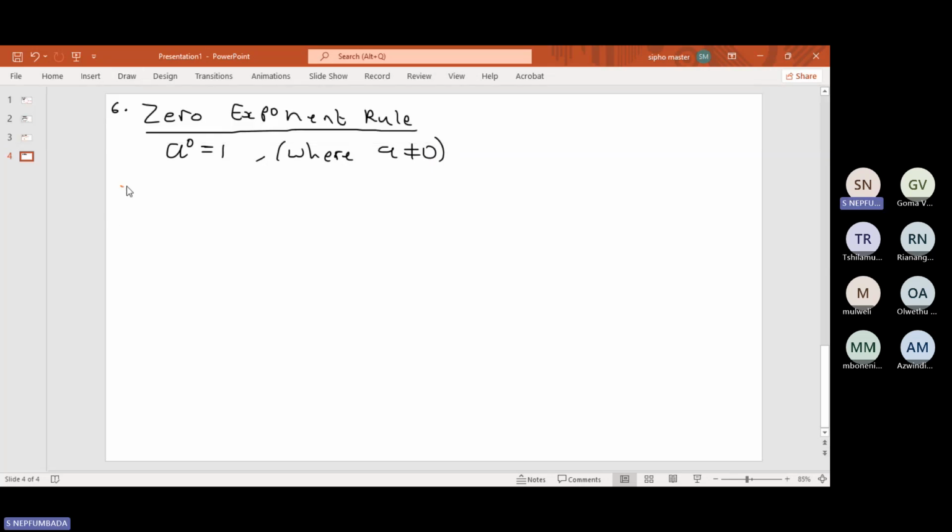Let's take an example, e.g., let's say 7 to the power 0, this is equal to 1. So in mathematics, any number or any letter to the exponent of 0 is nothing but equal to 1.